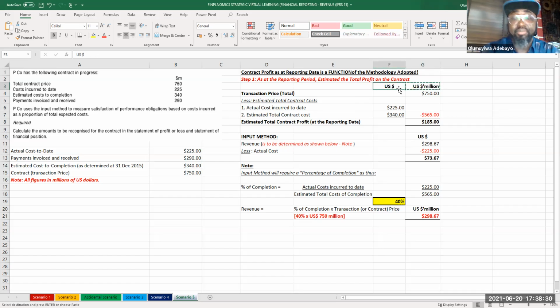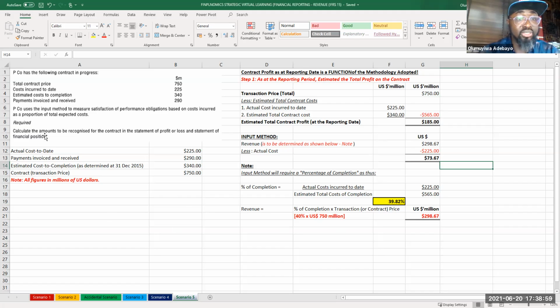Now, in that light, what has happened? We recognize this. And at the end of the day, what we have recognized is 73.67. Okay. Now, everything we are using here, we are using it based on the note, not by approximation. Okay. Now, at the end of the day, what are we told to do?